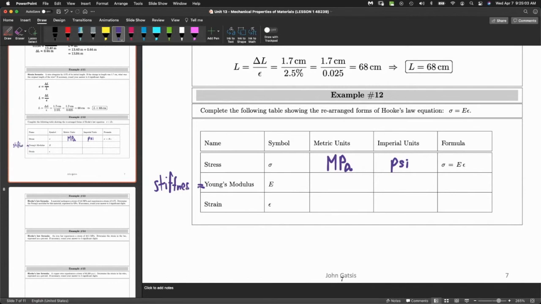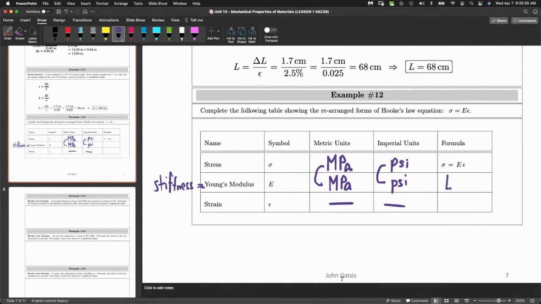So the larger the Young's modulus, the more stiff it is, meaning the more resistance it has to stretching out. The units for the Young's modulus can be megapascals or gigapascals, typically, but I want to use the same units here so that you remember that they are supposed to be consistent. And strain has no units, as mentioned before.